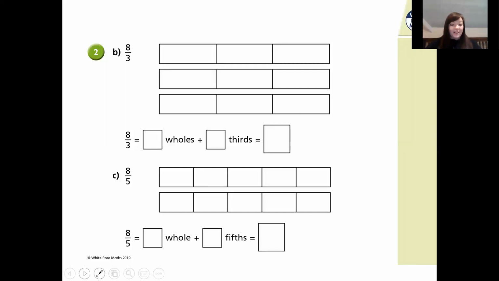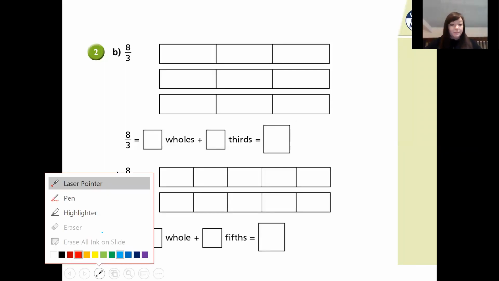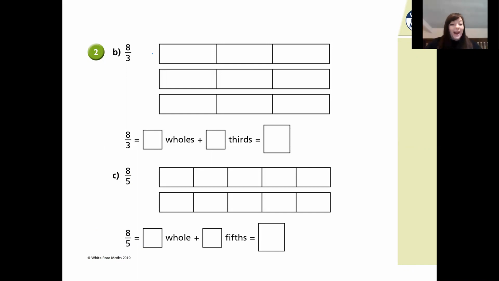Okay, let's have a look and see what we've got. So 8/3, you're going to colour in 1, 2, 3, 4, 5, 6, 7, 8. And then I'm going to look at how many wholes I have coloured in. How many whole bars are shaded?